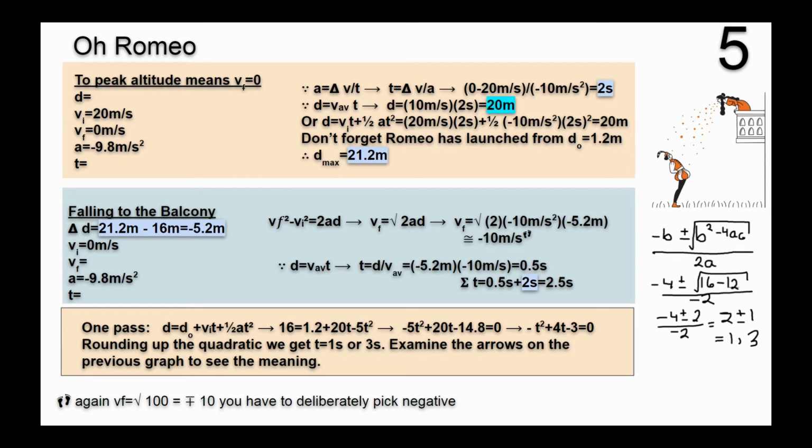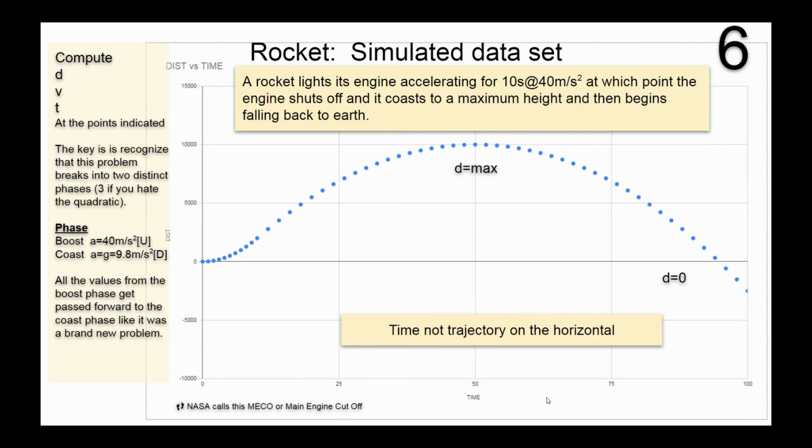using the quadratic formula. Let's look at some simulated data from a rocket. It's very important to recognize that this is now a distance time graph again. We have to be very careful as we move into advanced physics that sometimes these are trajectory graphs, meaning distance on the vertical, distance on the horizontal.